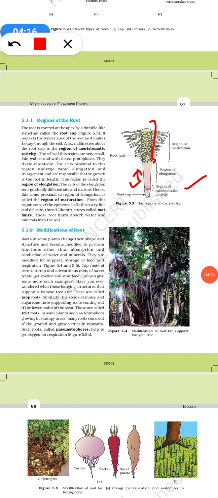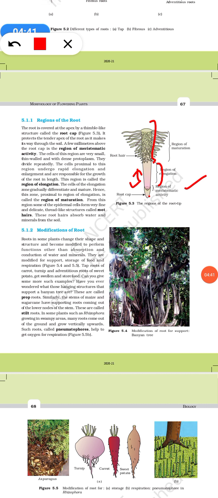This is why this region is known as the region of elongation. The cells of the elongation zone gradually differentiate and mature. After this we have the region of maturation, where you will have thread-like structures known as root hairs.